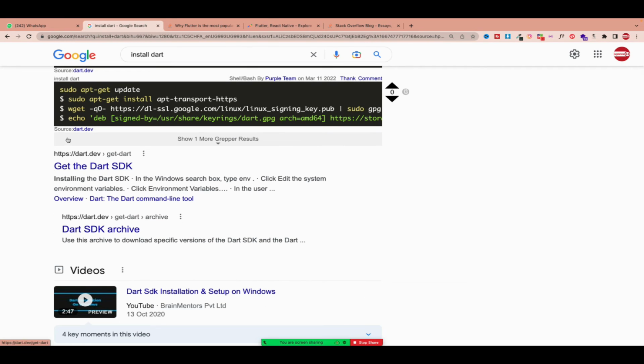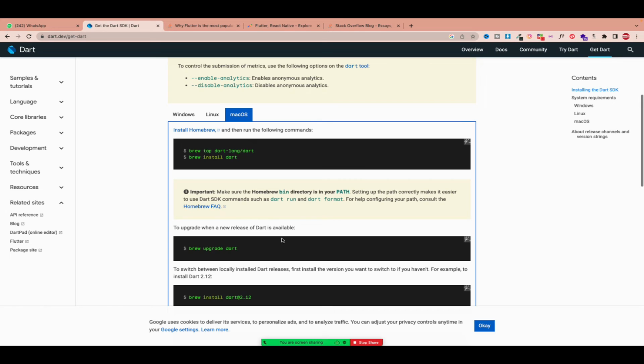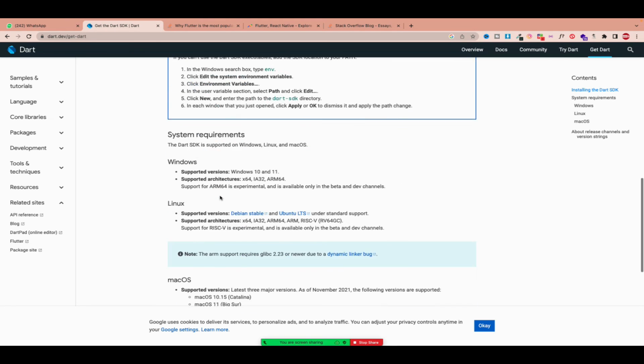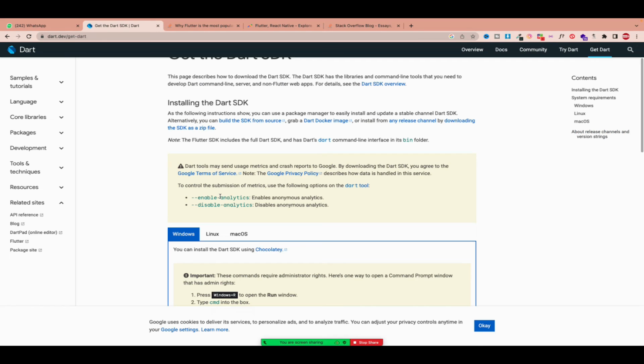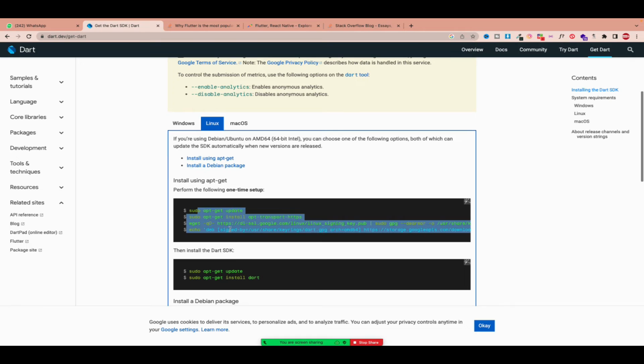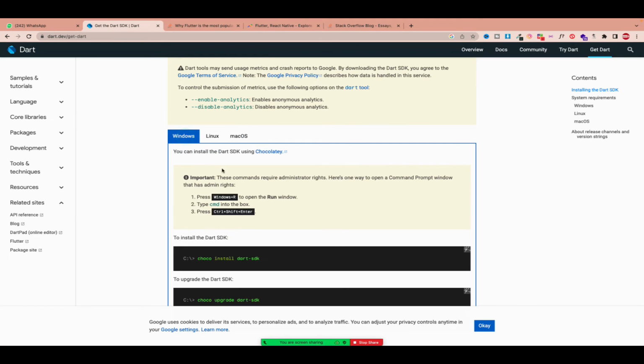So to install that, you simply come here and get the SDK there. If you're using Windows, click here, and they'll show you the steps you will take to download that programming language. If you're using Linux, you just write these simple pieces of code and it will put that on your laptop. If you're using macOS, simply write this in your terminal. Then it will install that programming language onto your computer.